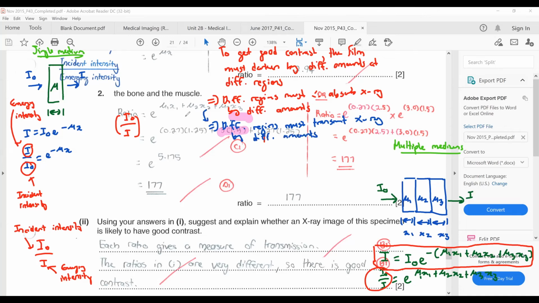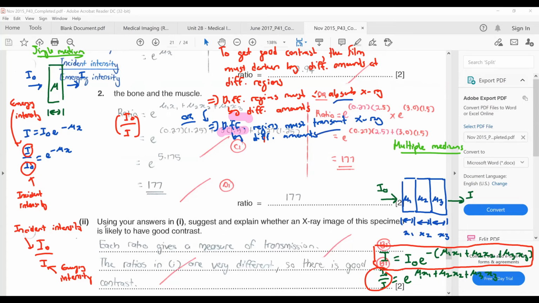Thinking of it another way, region A may be transmitting a different amount, and region B might be transmitting a different amount. If both regions are transmitting the same amount, you will have the same amount of X-rays at your X-ray film. Your X-ray film will darken by exactly the same amount, so you cannot see good contrast, right? So you could say absorb by different amounts or transmit X-rays by different amounts.